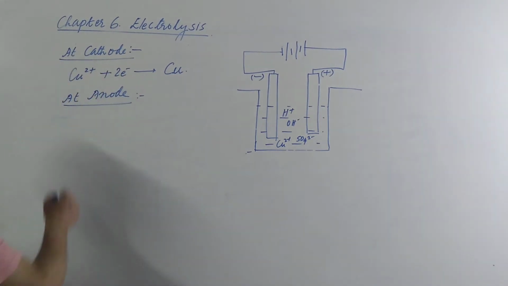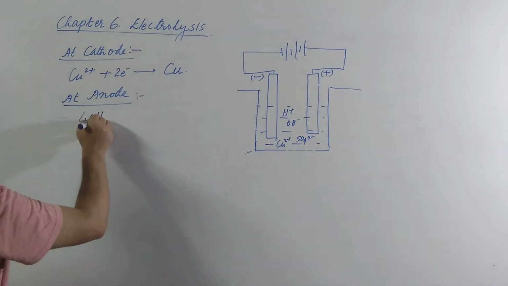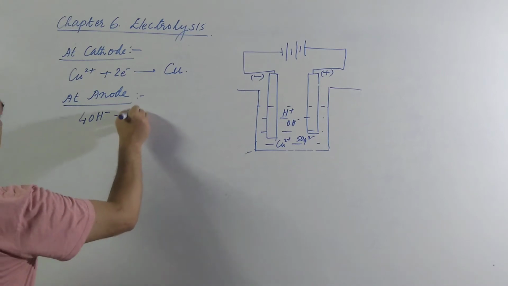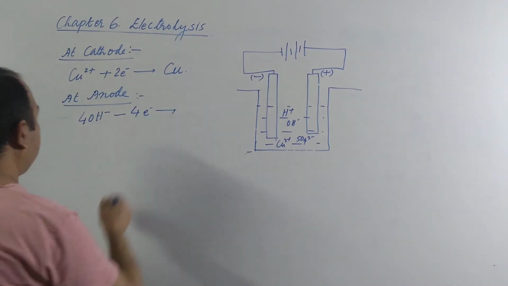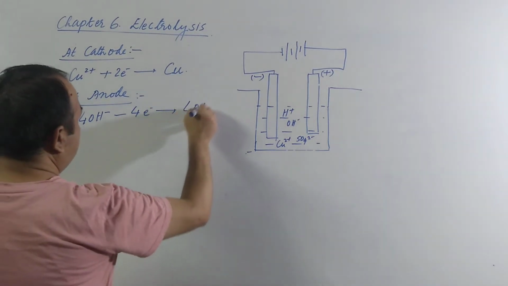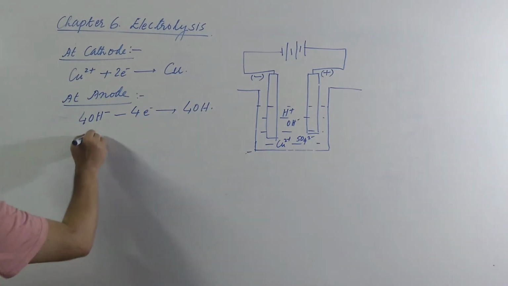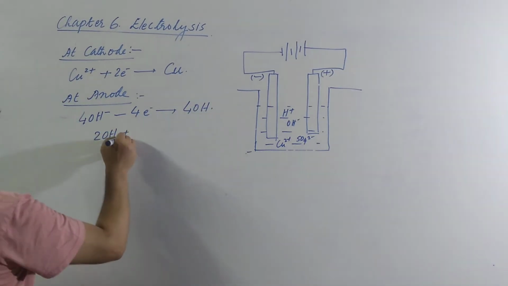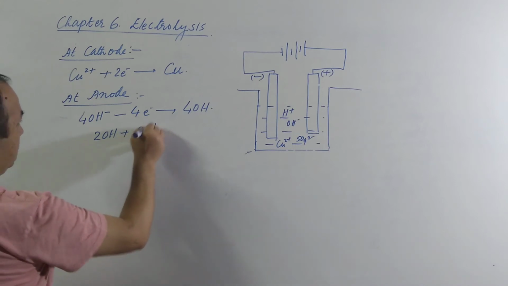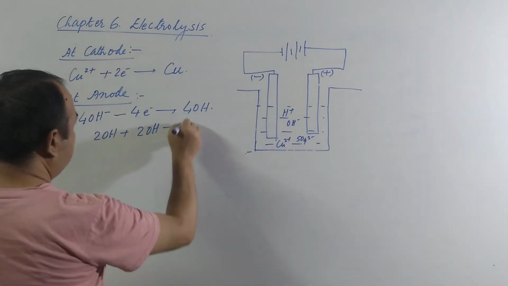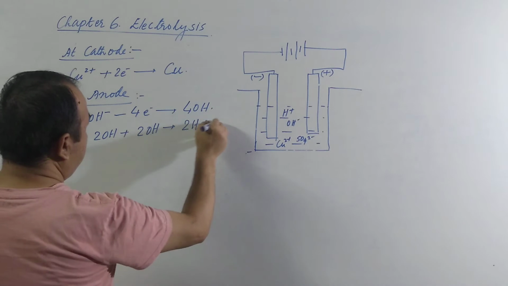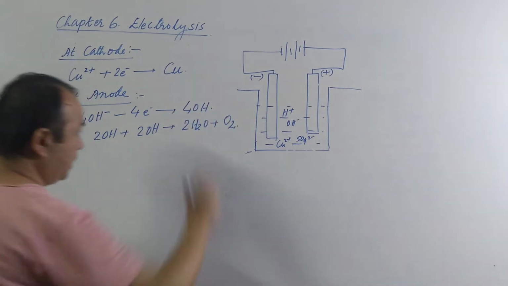How does it get discharged? 4 hydroxyl ions lose 4 electrons and thereby form 4 OH, and then 2 OH and 2 OH combine to form 2 H2O with the release of 1 molecule of oxygen.